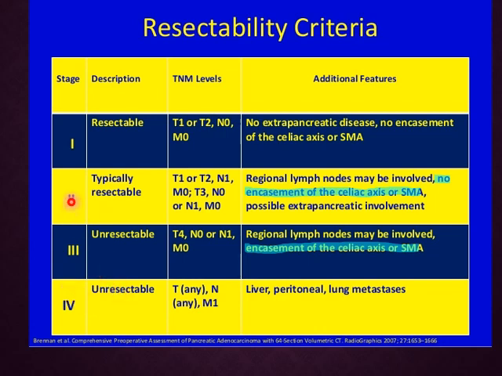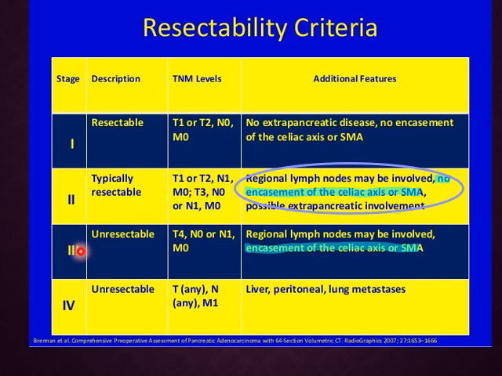Now, stage 2 and stage 3 are the in-between. Stage 2 is typically resectable: T1, T2, or T3 with N1, but there's no metastasis. The other important criterion is the involvement of the celiac axis or the SMA artery. In these cases, there's no encasement of these arteries, so it is considered resectable.